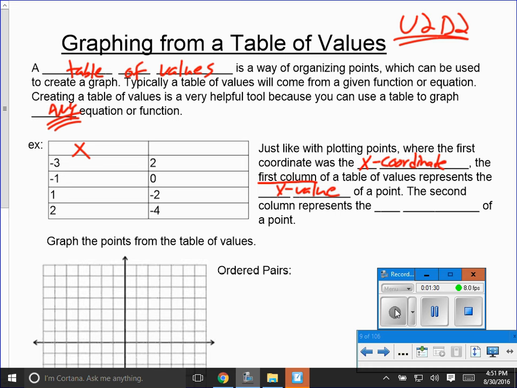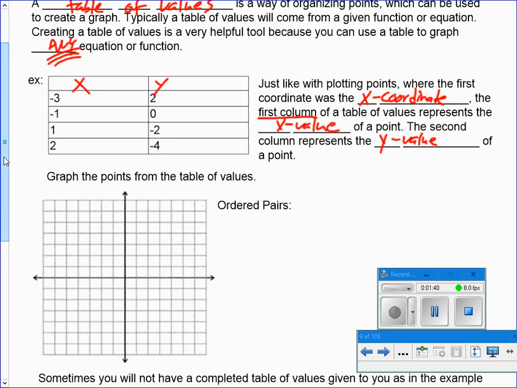Same idea, second column represents the y value. So for graphing from a table of values, if we read across, it would be the same as an ordered pair.